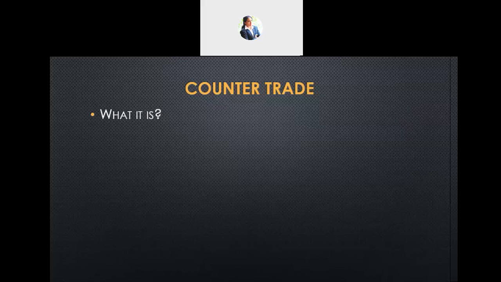Now, speaking regarding the three different kinds of counter trade. The first one is barter trade, which we all have studied, and it is the oldest counter trade agreement. It is the direct exchange of goods and services of equivalent value, but there would be no exchange of cash or financial instruments.